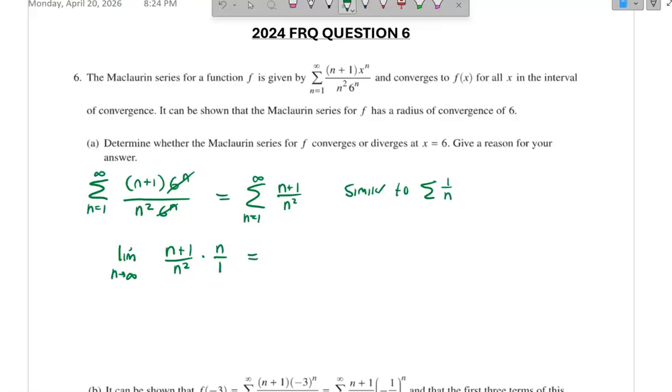And so when I simplify that, I'll even distribute that into the problem here. We get the limit as n approaches infinity of n squared plus n over n squared. That limit is equal to 1.